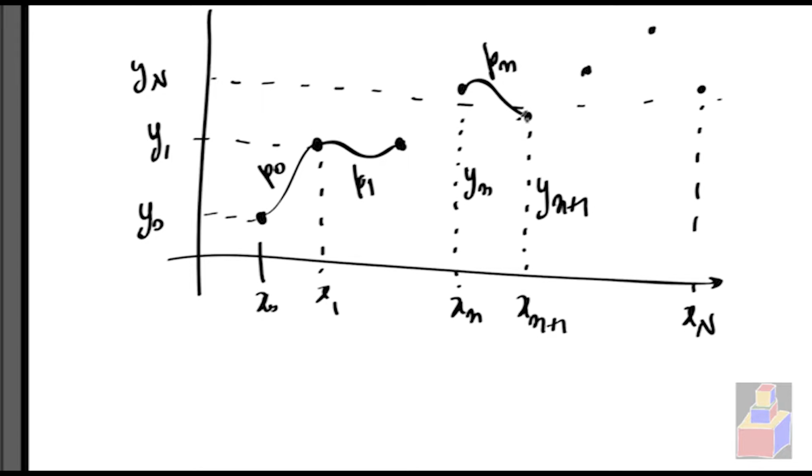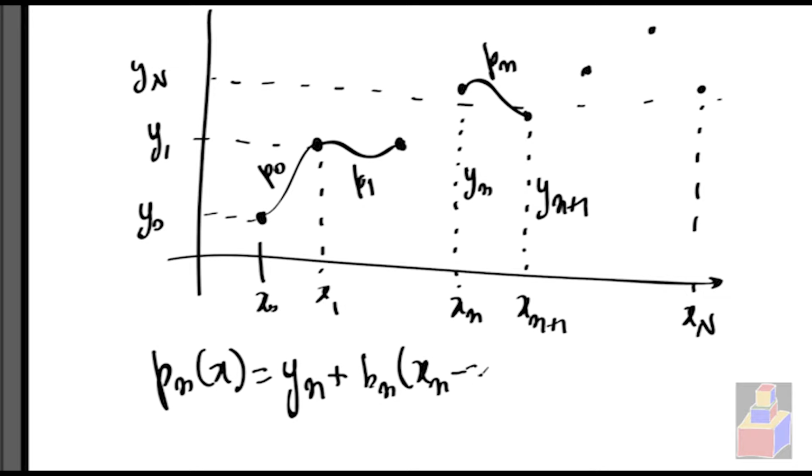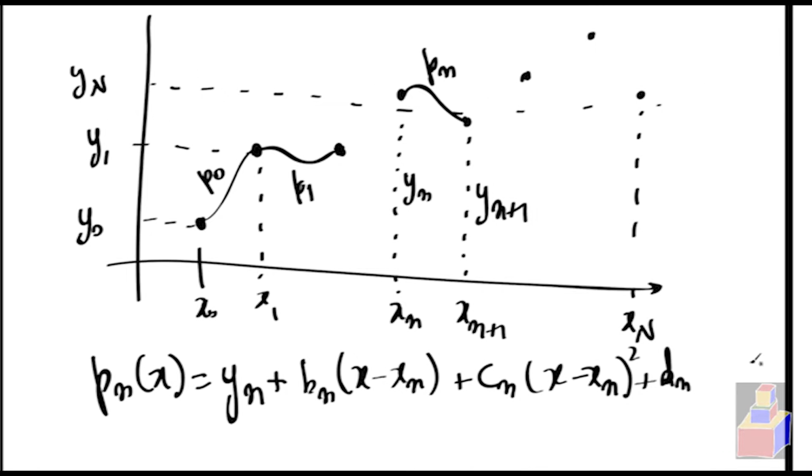So you're going to write pn of x equals yn, the initial value, plus, this would be the a coefficient, we're going to start from b, bn times (x minus xn), plus cn times (x minus xn) squared, plus dn times (x minus xn) cubed.